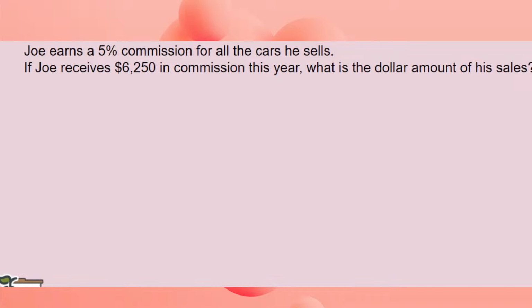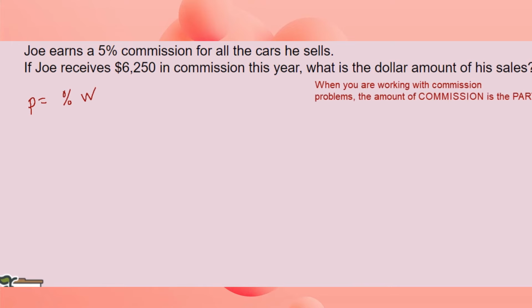Joe earns a 5% commission for all the cars he sells. If Joe receives $6,250 in commission this year, what is the dollar amount of his sales? When we are working with commission problems, the part is the amount of commission.